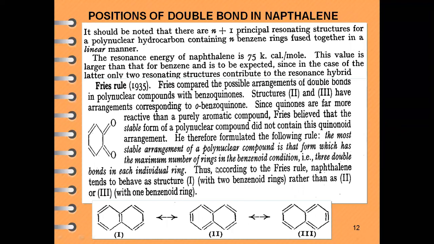So what has he done? Fries compared the possible arrangements of double bond in polynuclear compounds with benzophenone. He compared all these 3 resonating structures of naphthalene with benzophenone, that is orthobenzophenone.